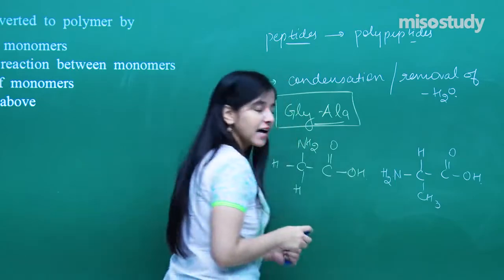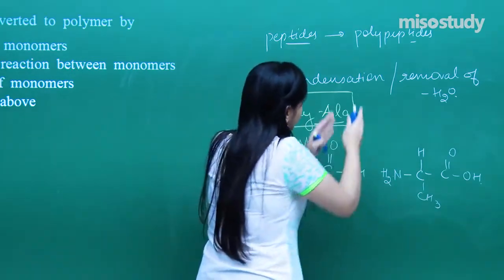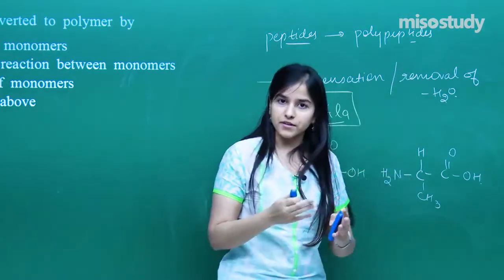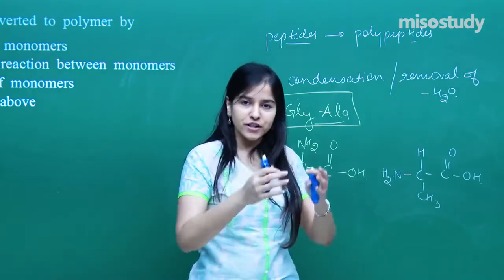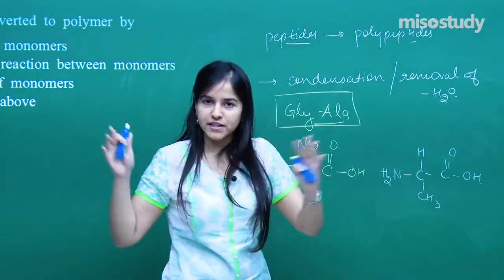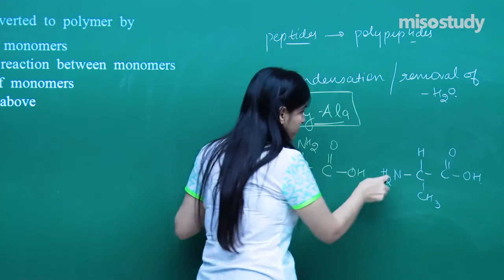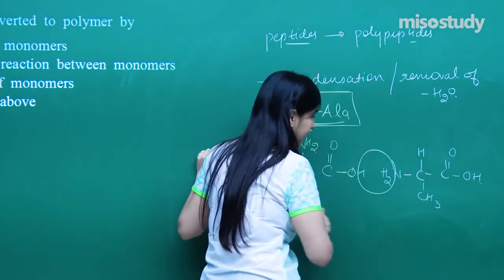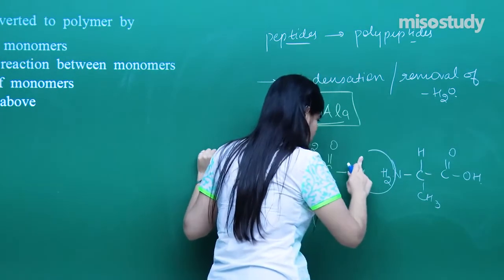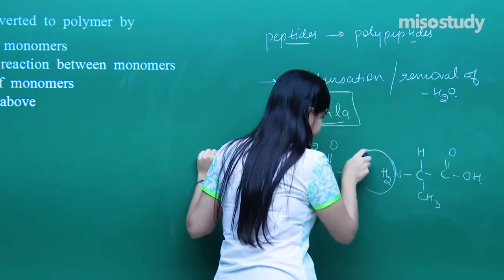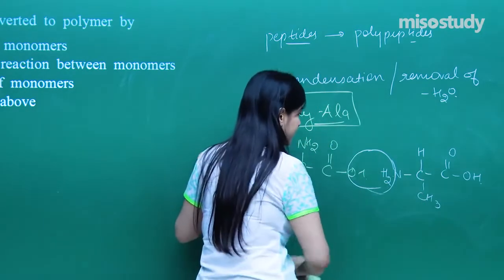So that is alanine here, and we need to make a polymer, we need to make a polypeptide. So I need to have several peptide bonds in that very chain. So I would be condensing the two to make it attach. That means loss of water molecule.